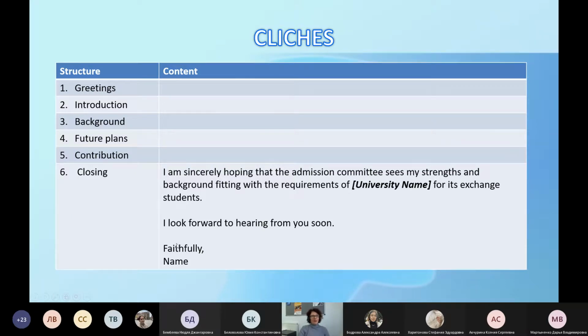If you start a letter with a name, that is, maybe you will have found the name of the person you're writing to, for example, "Dear Mrs. Lastry," then in this case, you will have to finish the letter with the word "sincerely." But since we had in greetings "Dear sir or madam," here you would have "faithfully," right? That's a kind of funny traditional connection between the greetings and the closing.